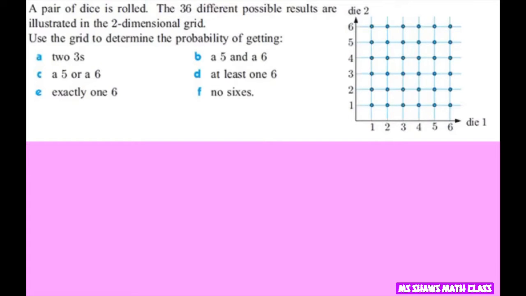A pair of dice is rolled. The different possible results are illustrated in the two-dimensional grid. Use the grid to determine probabilities. So, the probability of getting two 3s. You roll the two dice and you get a 3 for die 1 and a 3 for die 2.